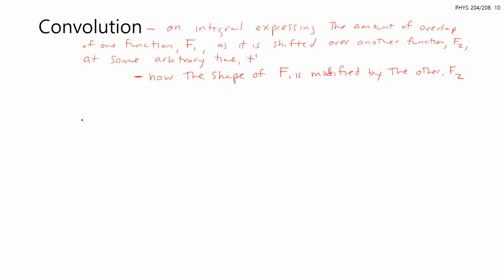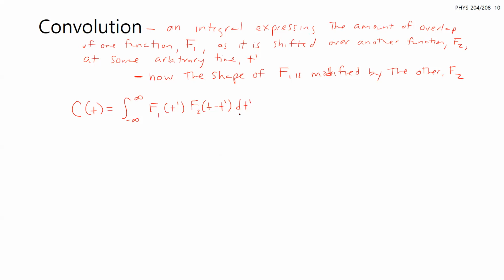So mathematically, if we want to express this definition, how we're going to write this is the convolution, capital C, over a given time is going to be the integral over all space of F1 with this arbitrary T prime times F2 shifted by that arbitrary time.